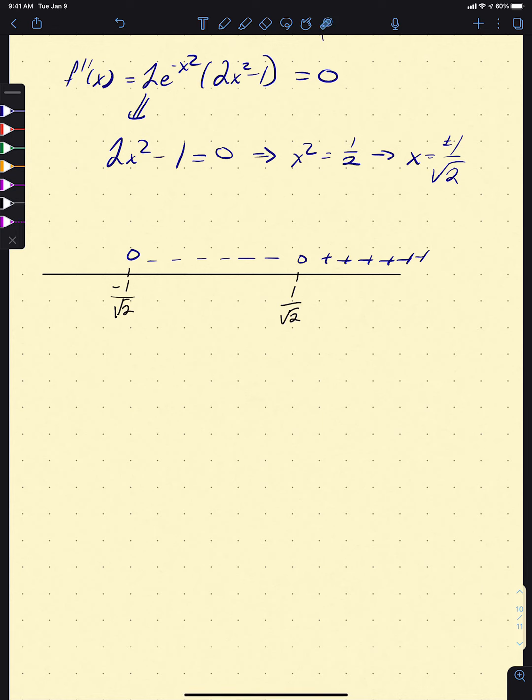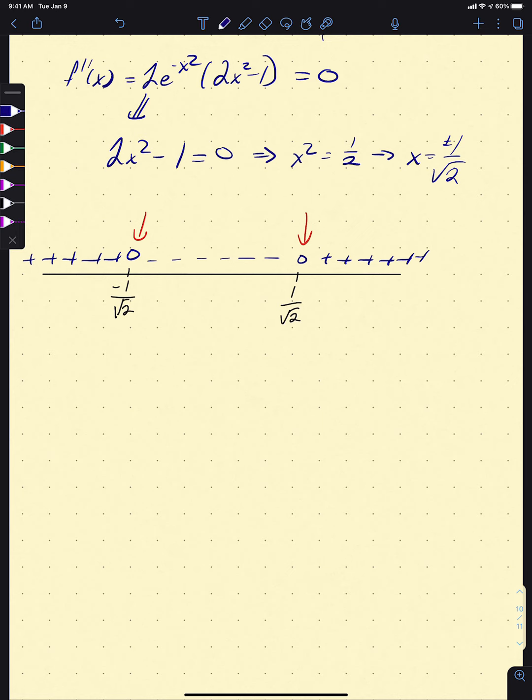And funnily enough, the same thing happens here. This term is always positive no matter what we throw in for x, and this term is going to be positive as well, because that negative 1 is going to become a positive 1 when we square it. So these 2 points here are our points of inflection.